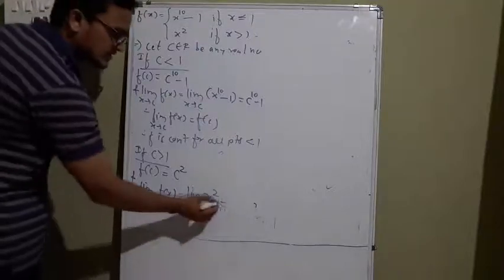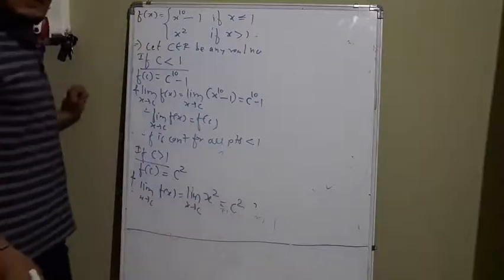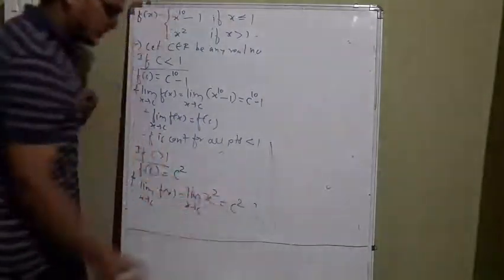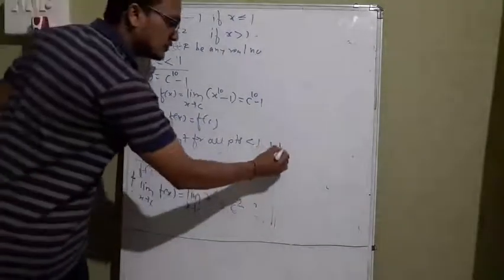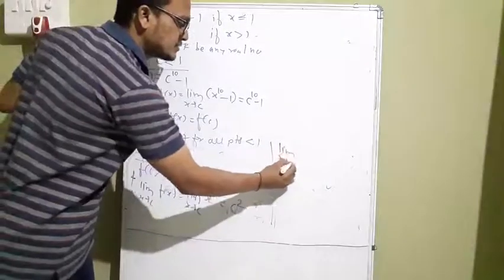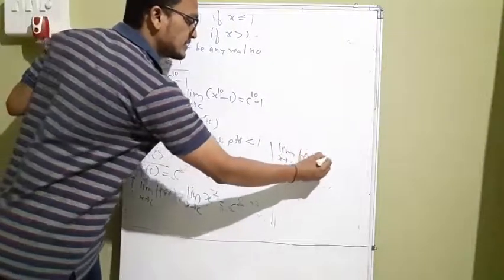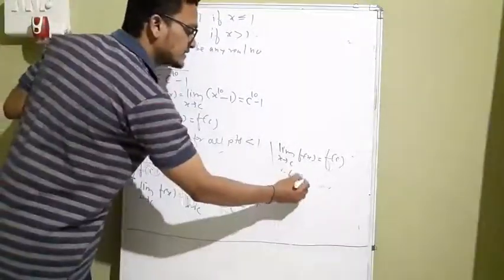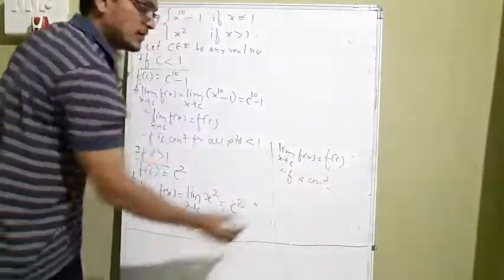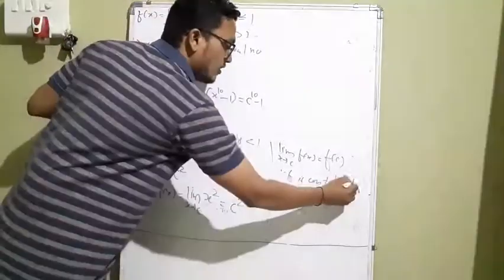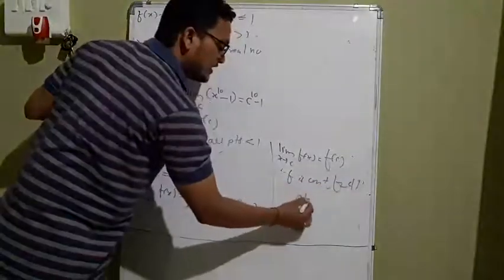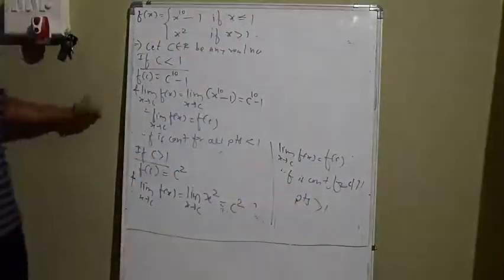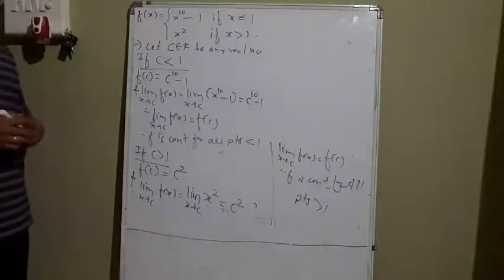Put the limit as x tends to c, and it is c square. So again both are equal. Therefore limit x tends to c, f of x is equal to f of c. Therefore f is continuous for all points greater than 1.